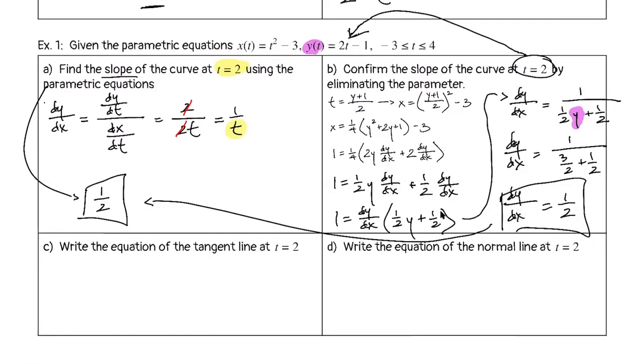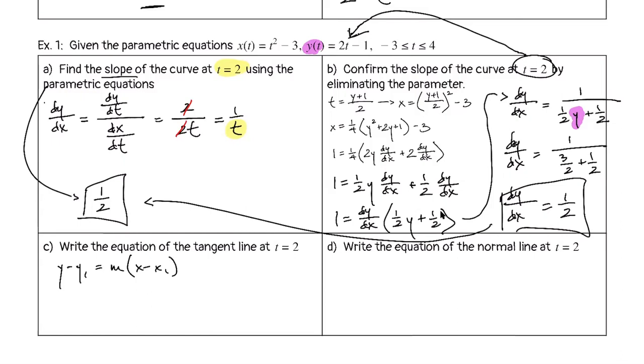All right. So last but not least, let's practice writing the equation of the tangent line at t equals 2. Okay. So when we're looking at the equation of a tangent line, everything is with our x's and y's. So it's the same deal. It's y minus y1 equals m(x minus x1).